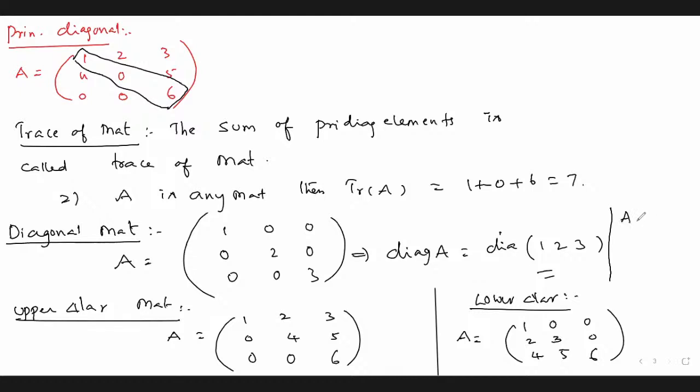Capital A is equal to Aij of m by n, where i is not equal to j, and Aij is equal to 0.